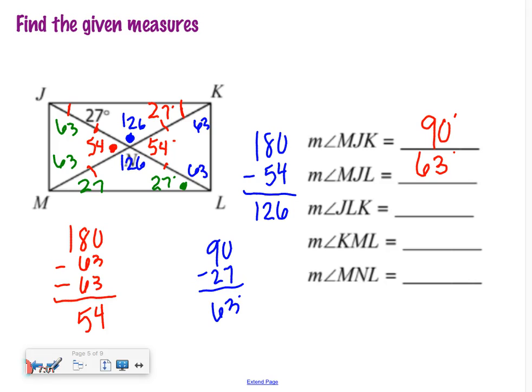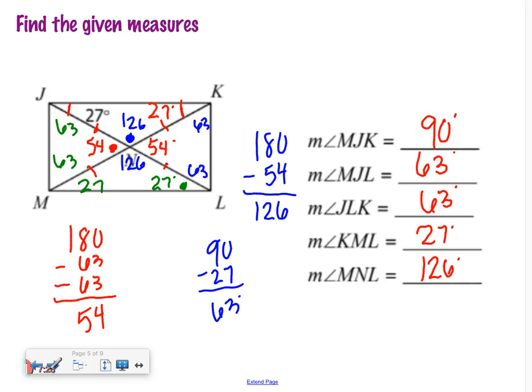JLK. JLK is another 63. KML. KML, yep, 27. And MNL, 126. Good work.